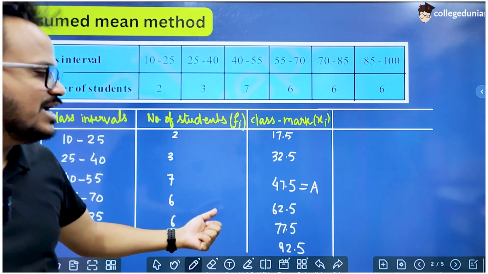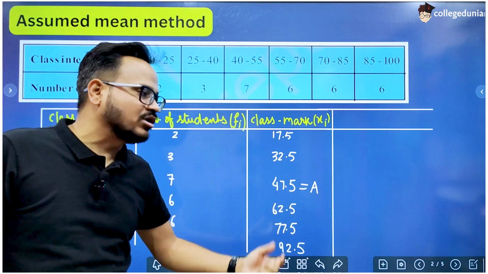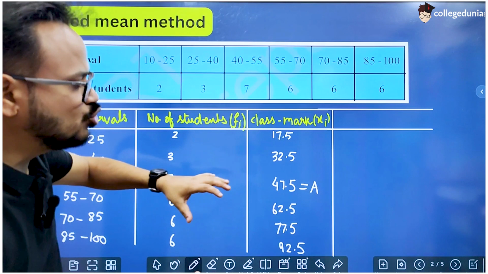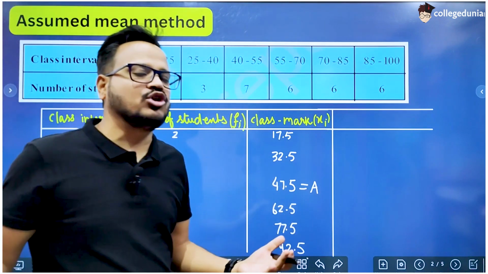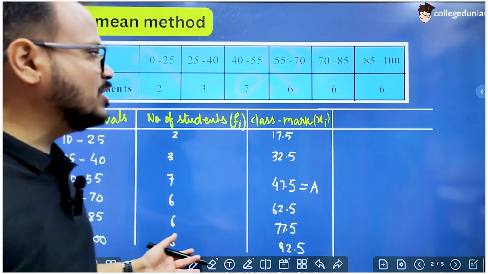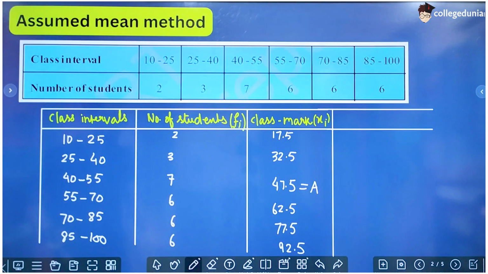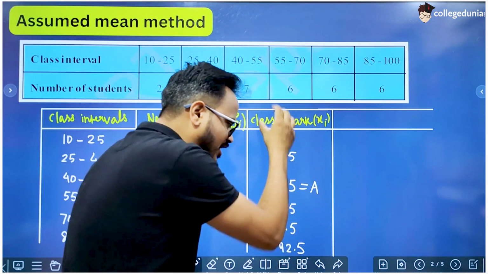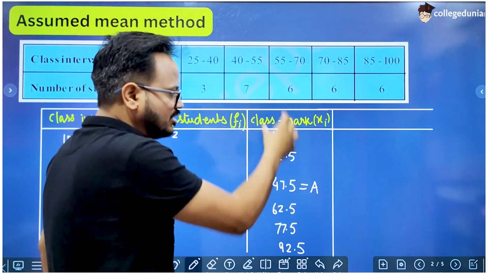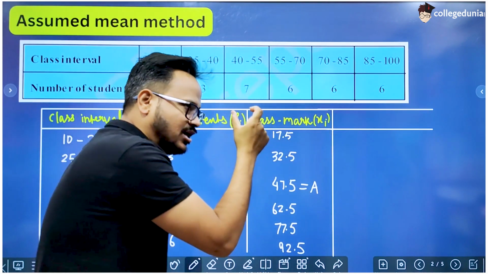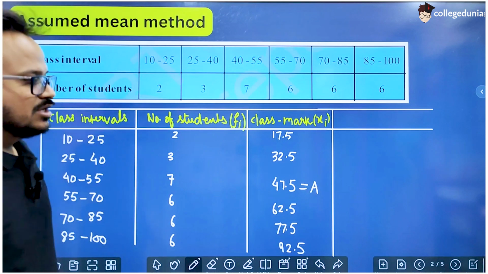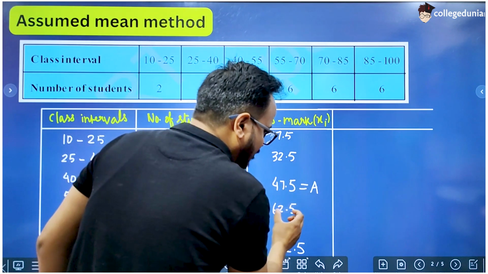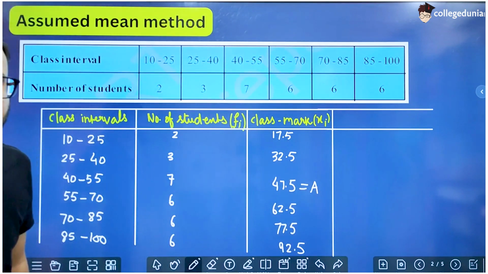We have given the symbol A to this value, and this is called the assumed mean. Obviously this cannot be the mean because we have not calculated the mean yet, but first assume a number lying somewhere near the middle in this column of xi, the column of class marks. You have to assume that number as the mean.